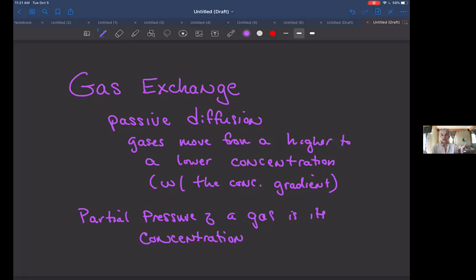The partial pressure is the pressure exerted by each gas. Oxygen has a particular partial pressure, as does carbon dioxide, as does water. That makes up the entire atmospheric pressure, which at sea level and standard environmental conditions is about 760 millimeters of mercury.